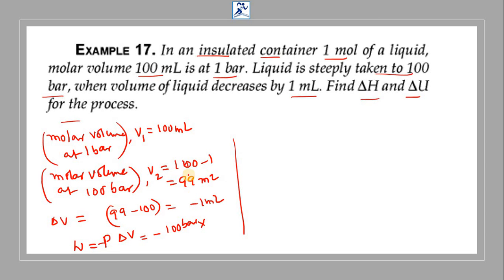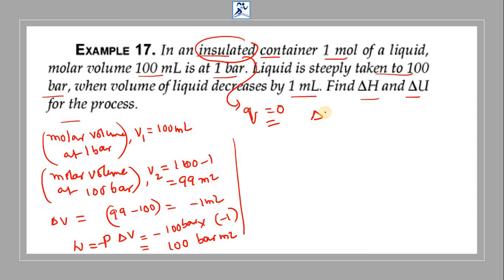Into minus 1. So it is 100 bar ml. Now, the container being insulated, the change in the energy will be 0 for the insulated one.